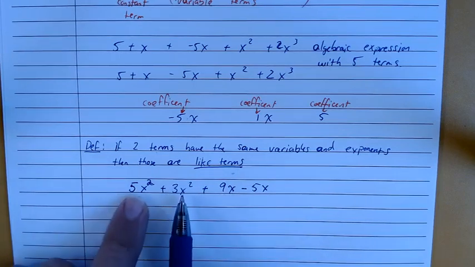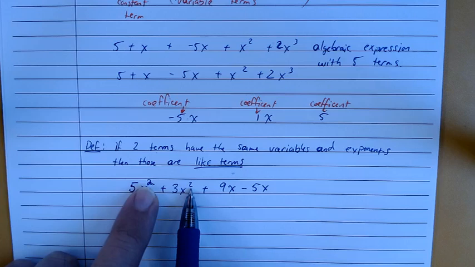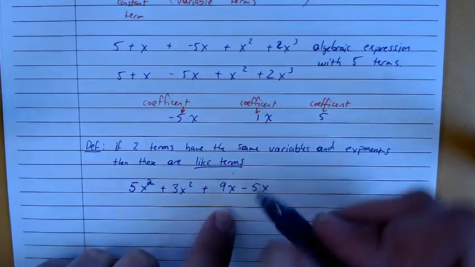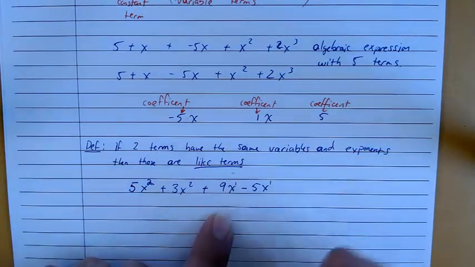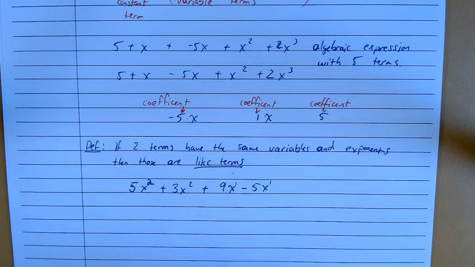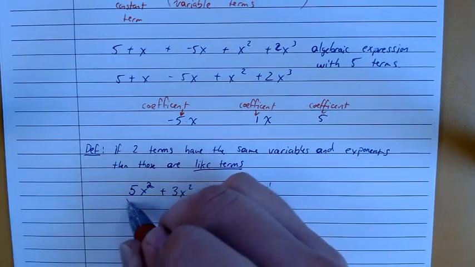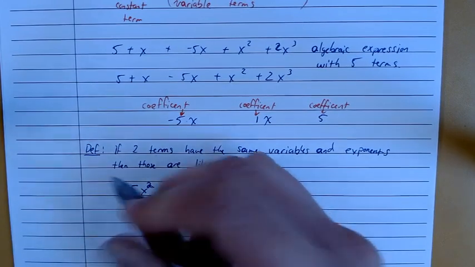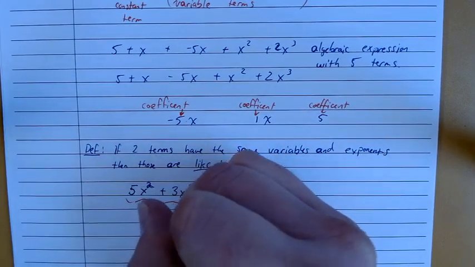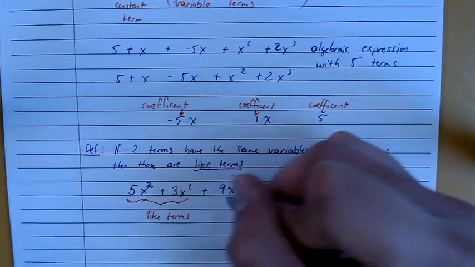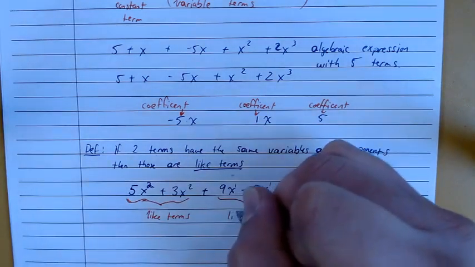These are like because they both have the same x with the same power of 2. These are both like terms because they have the same variable of x without a power. Or if you like, you can say it's power 1. After all, anything to the first power is just itself. So these are like terms to each other. And likewise, these are like terms.